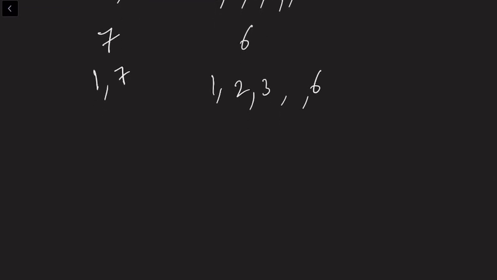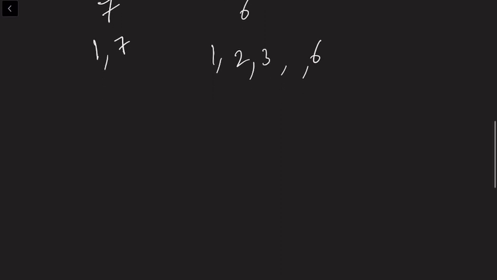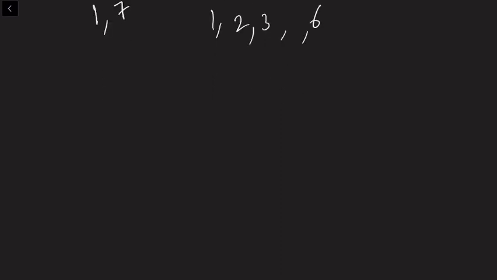Let us come back to the statement of the fundamental theorem of arithmetic: every composite number can be expressed as a product of primes in a unique way. Let us take an example, say 15. Now 15 you can write in terms of primes, that is 3 into 5, right?